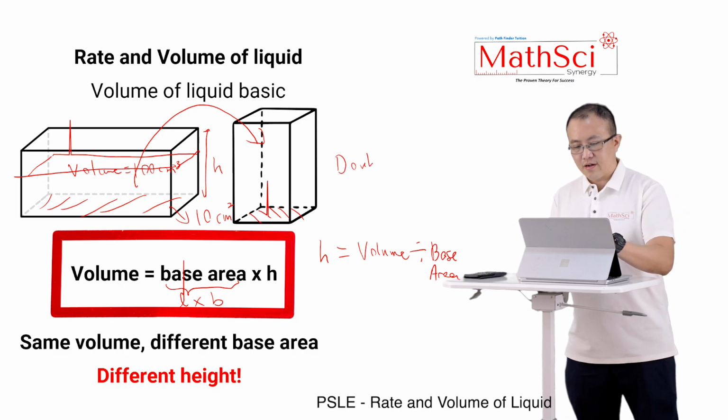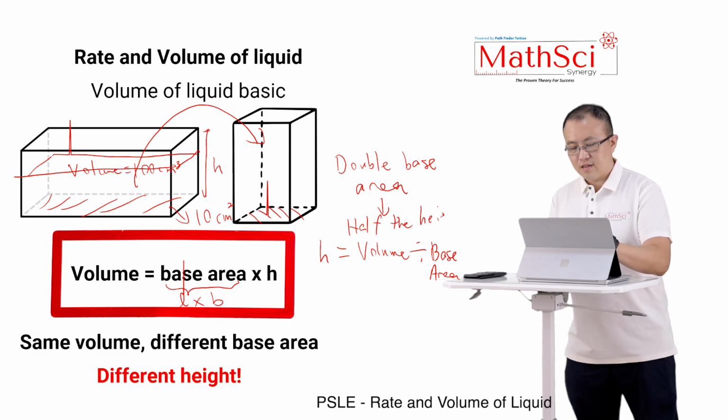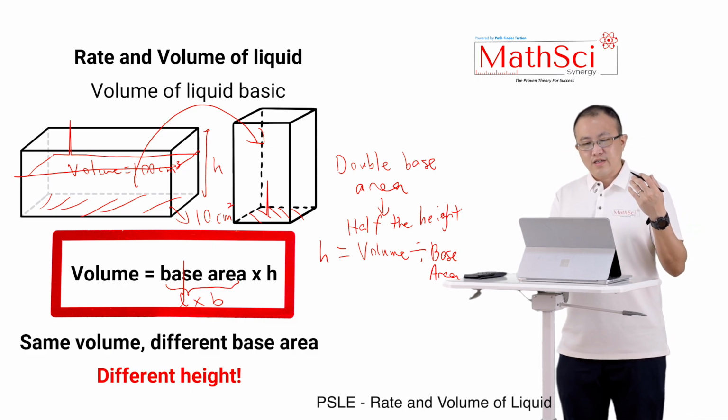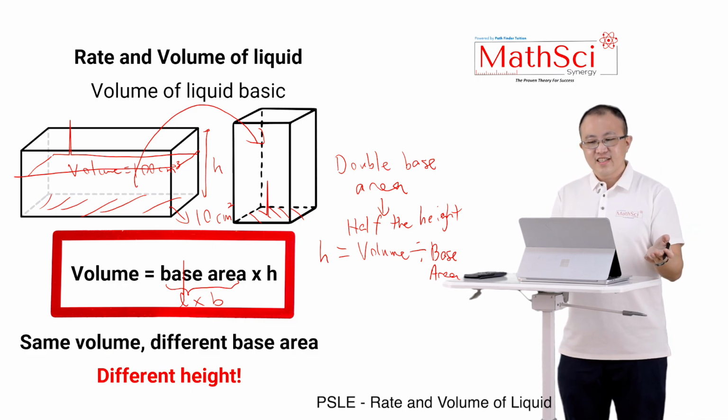So double base area equals half the height. If you multiply the base area by 3, then I will have one third of the height, and so on and so forth. This relationship is always true.